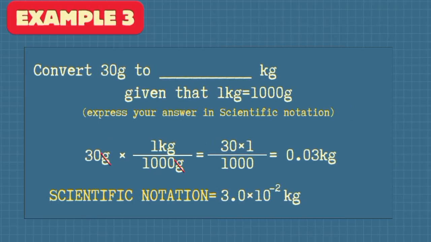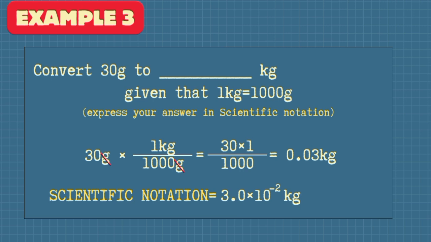For the third example of conversion of units, convert 30 grams to kilograms, given that 1 kilogram is 1,000 grams, expressing your answer in scientific notation. Again, grams is cancelled because we are looking for kilograms. So, 30 times 1 kilogram divided by 1,000.